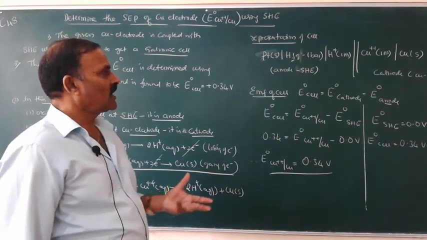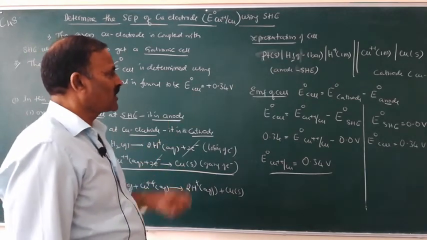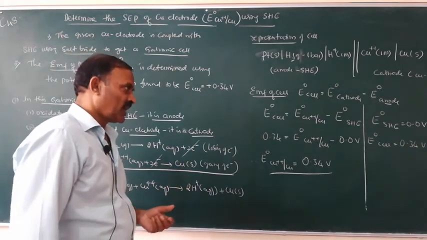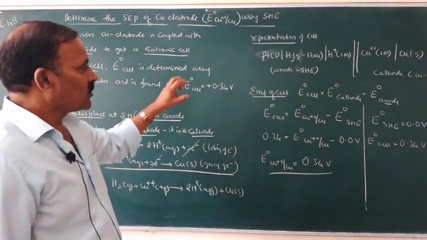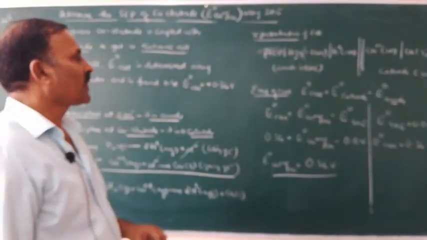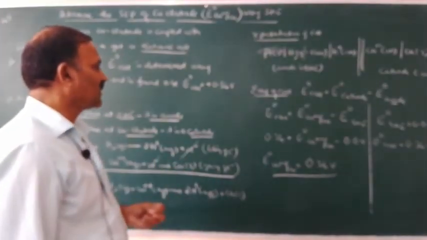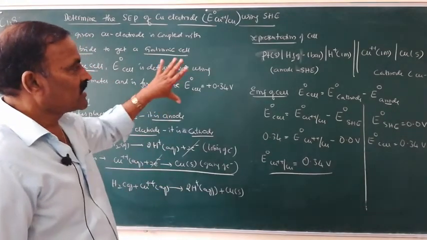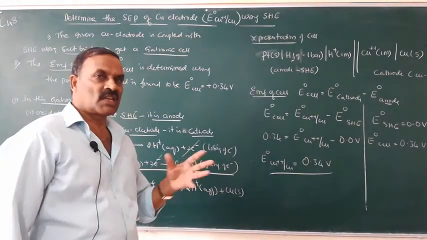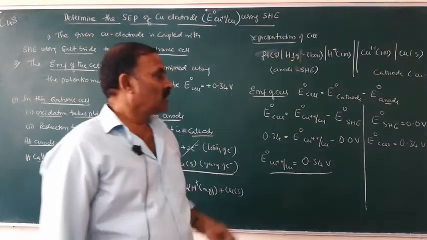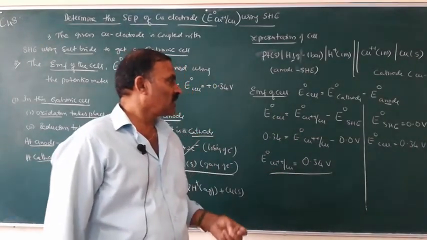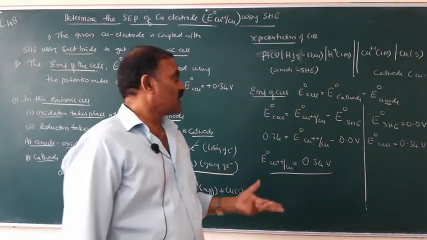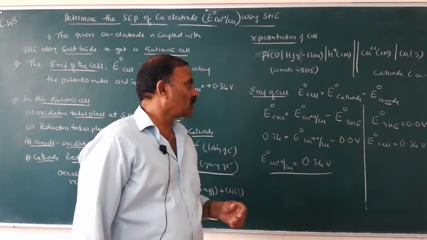So I have explained how electrode potential of zinc electrode is obtained, how electrode potential of copper electrode is obtained. When zinc electrode is connected to SHE, we will get a galvanic cell. In that galvanic cell, oxidation takes place at zinc electrode and reduction takes place at hydrogen electrode. When copper electrode is connected with SHE, oxidation takes place at SHE and reduction takes place at copper electrode.